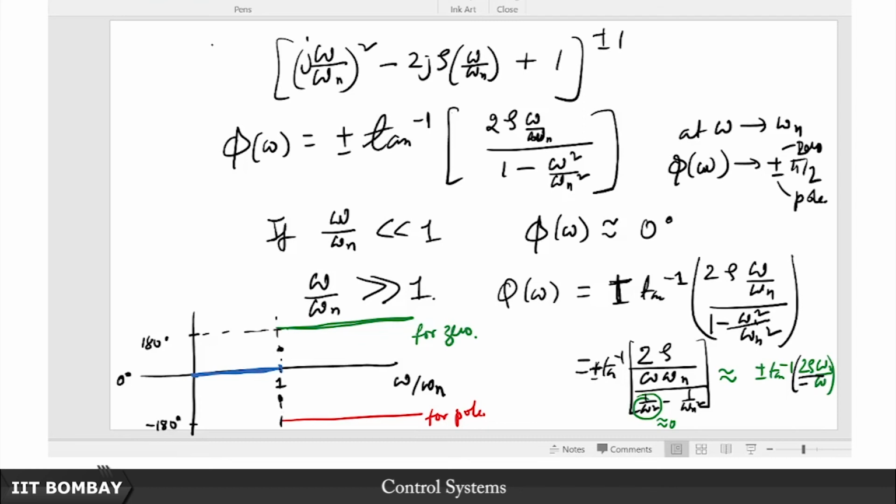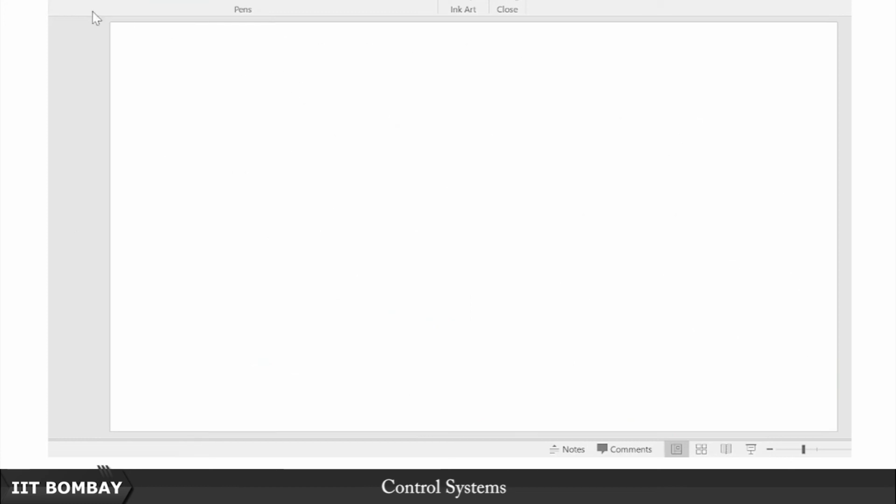But the question that we need to really focus our attention on and try and understand is this. In the first order case we already saw this plot. If this is the 0 degree line and this is the minus 90 and this is the plus 90, these were first order factors.